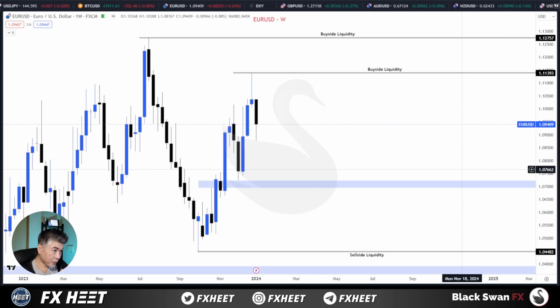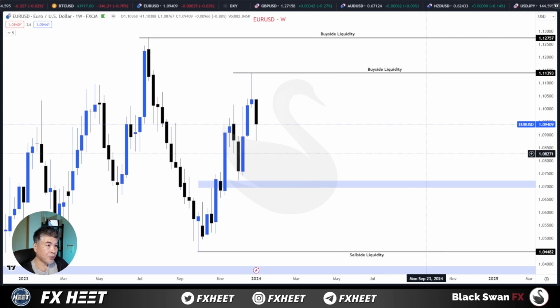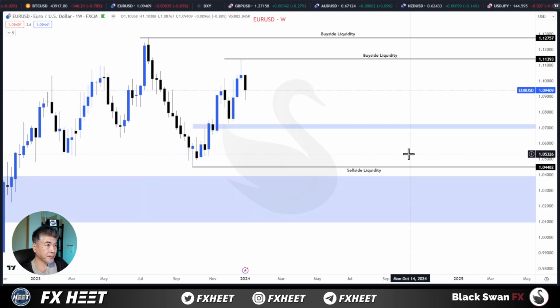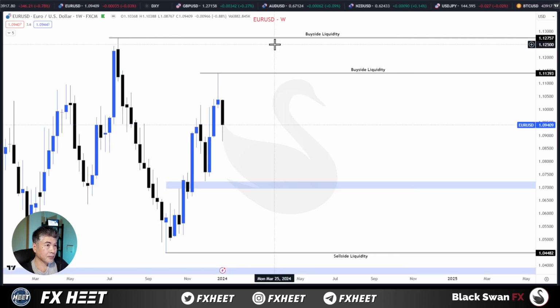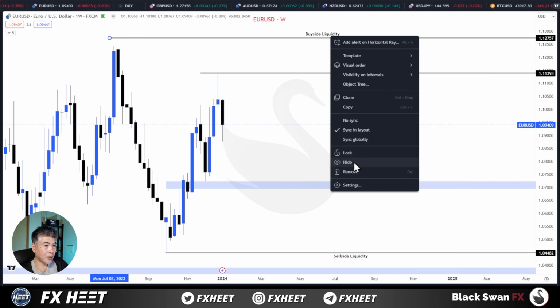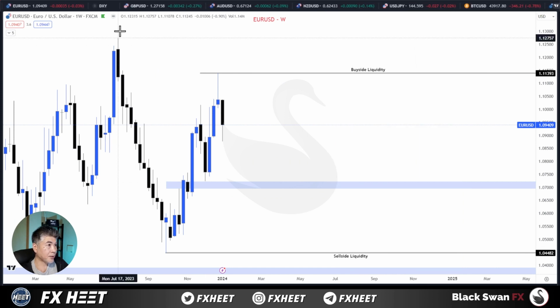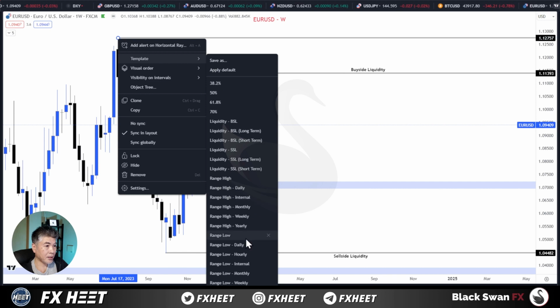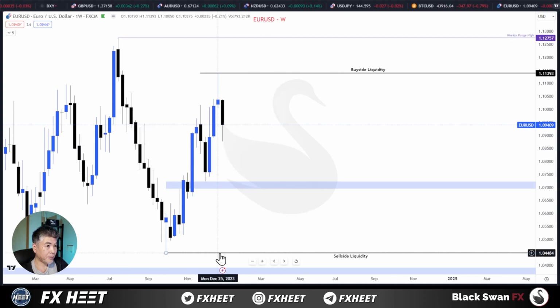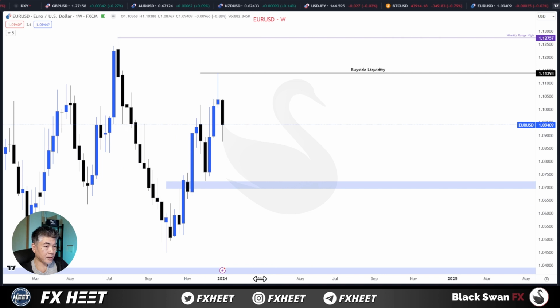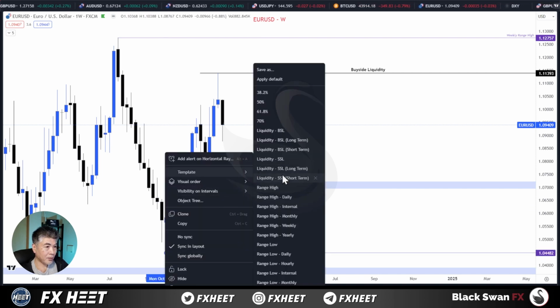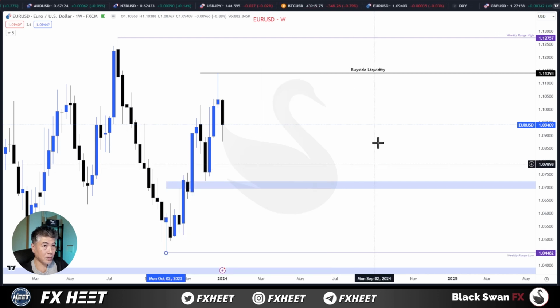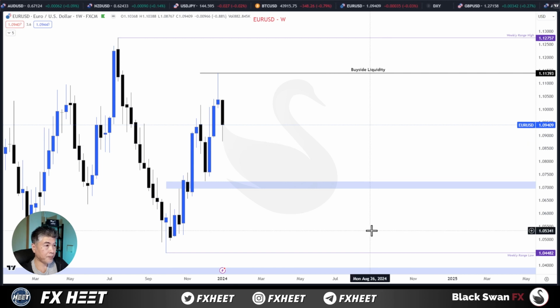Now moving on to the weekly time frame. So on the weekly time frame, I'm going to hide the buy side liquidity because now this is our range high on the weekly time frame, and I'll hide the sell side liquidity because this is now our range low on the weekly time frame.